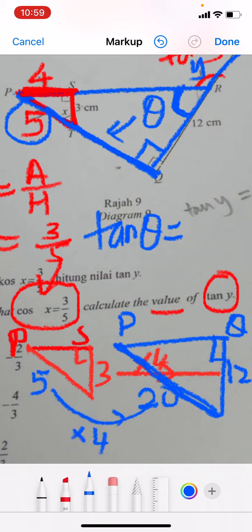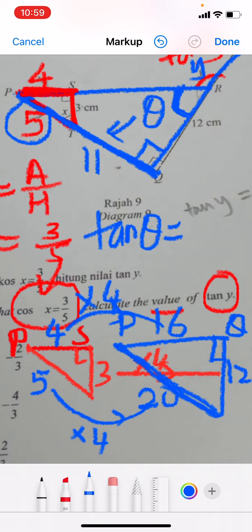Then for this side, this is 4, so it will be 16. You have to times 4 for every side. Now we can figure out that actually this part is 11, but it's okay.